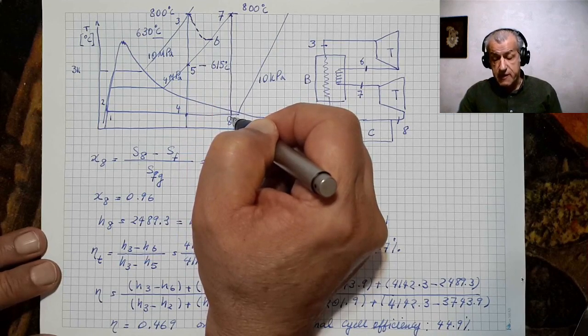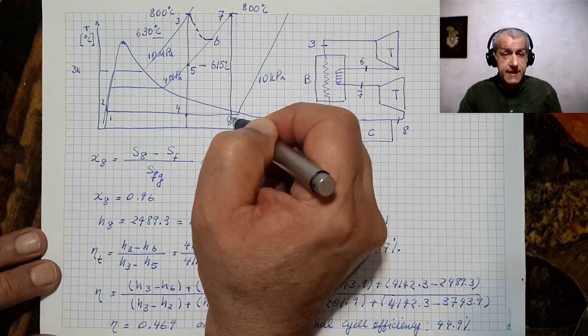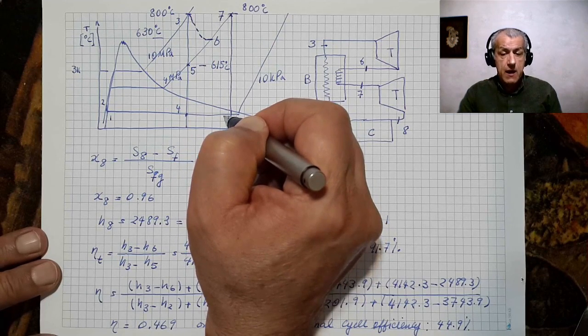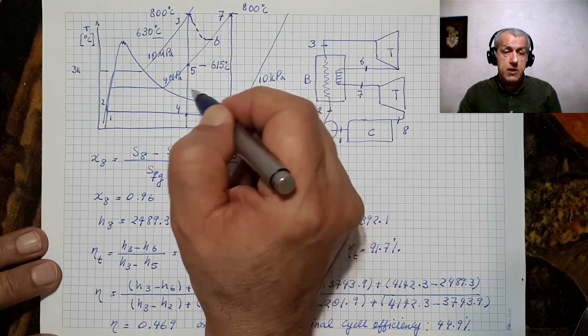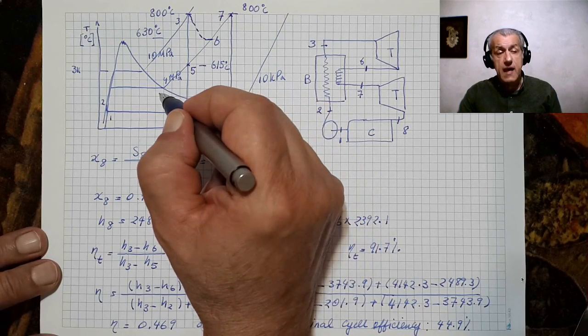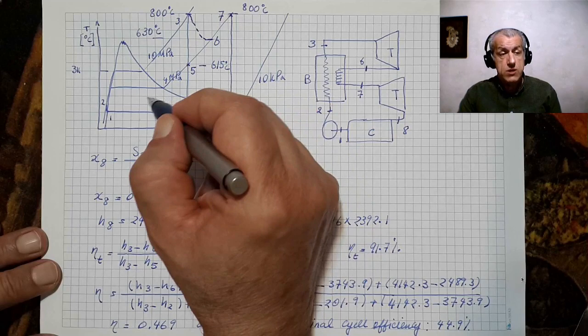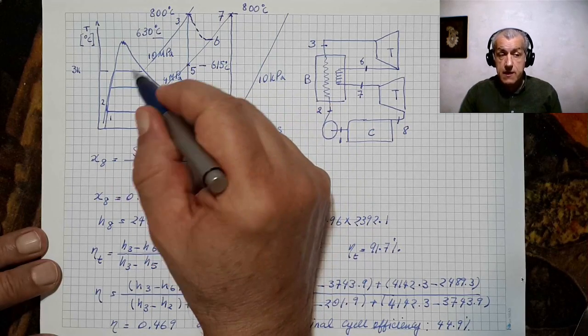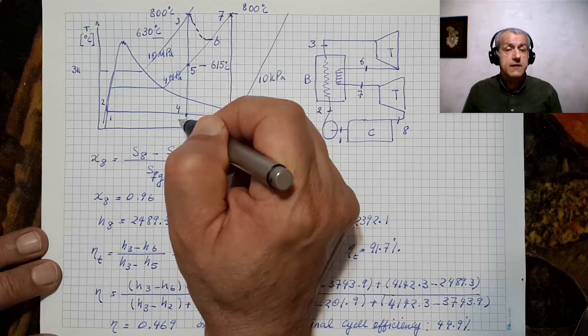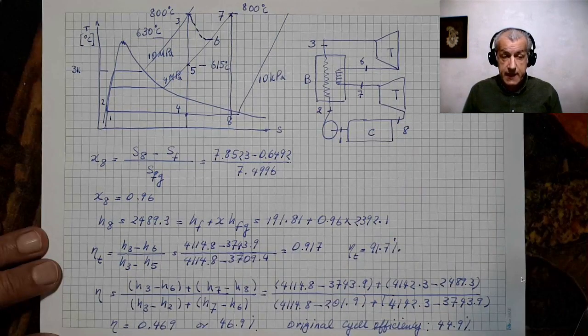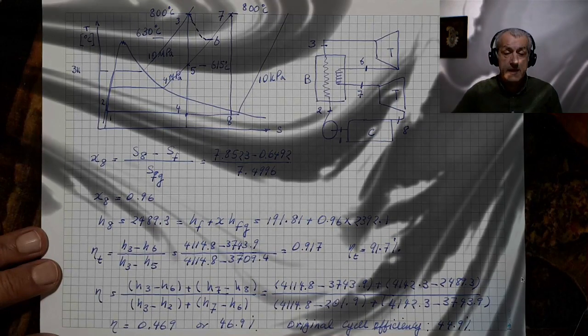So we expect this new added cycle to have a higher efficiency, and therefore it should be able to increase the whole cycle efficiency, which we see here in the result that it has done. And it has increased the efficiency from 44.9 to 46.9, which is a 2% added efficiency.